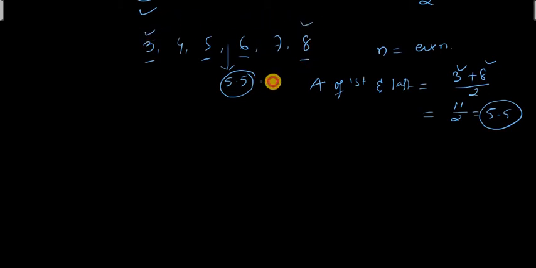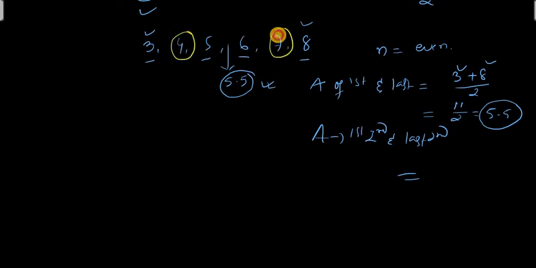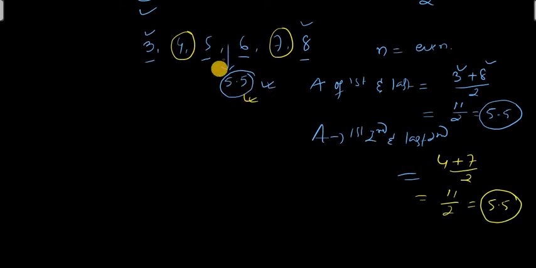So the average itself is 5.5. Or the average of first second and last second: 4 plus 7 divided by 2, 11 by 2 equal to 5.5.